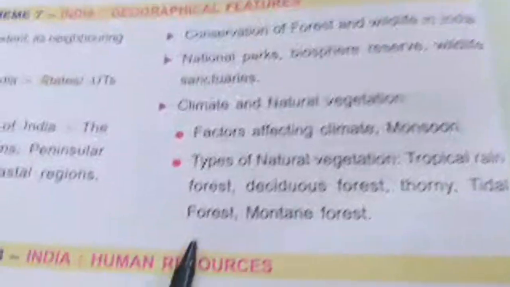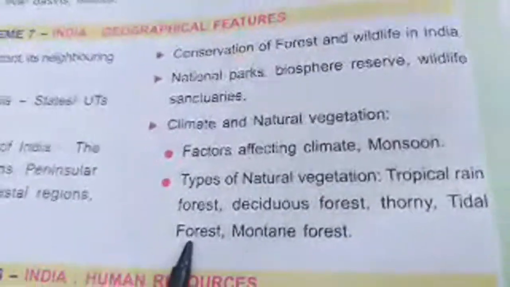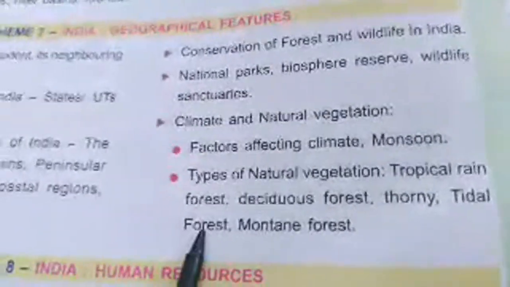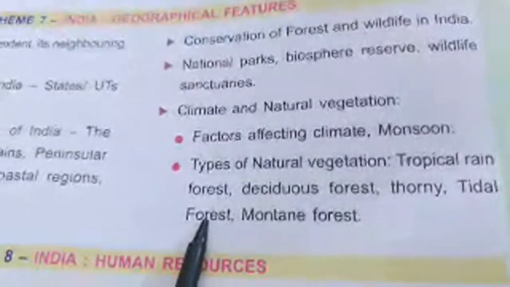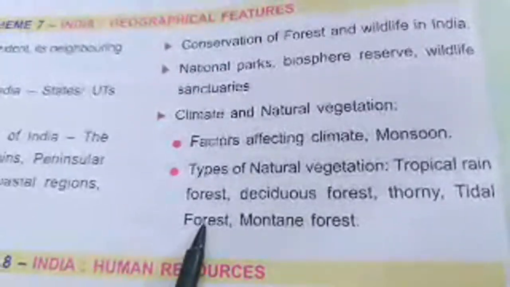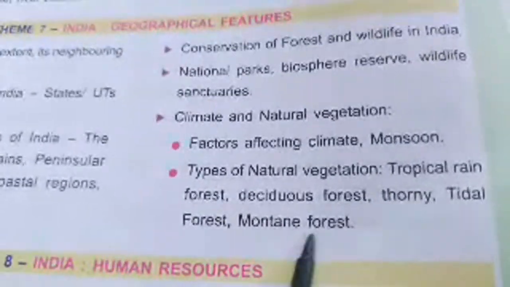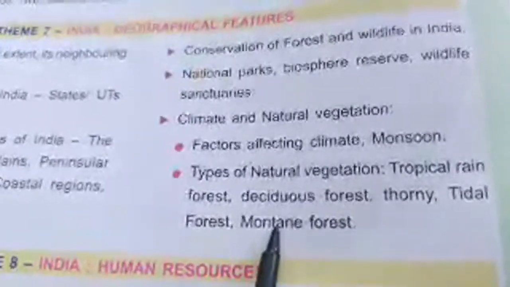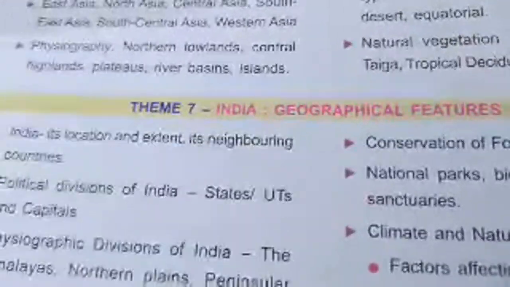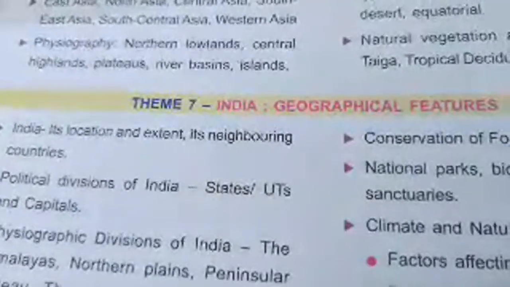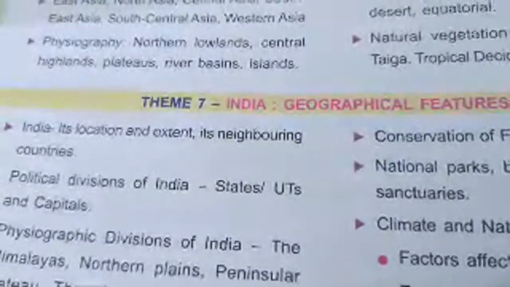Then tidal forests are found in the coastal areas where tides are very common. They are also called mangrove forests. Then montane forest means the forest which is found on the mountains. So all these things you will study in the seventh topic, that is geographical features of India.